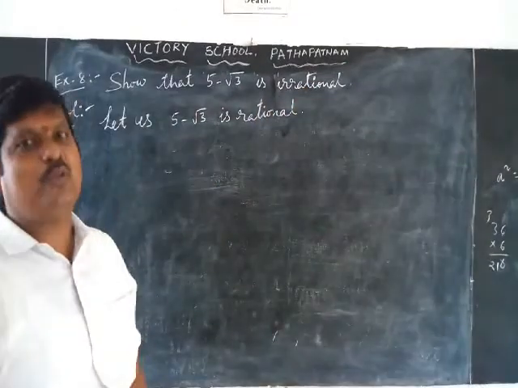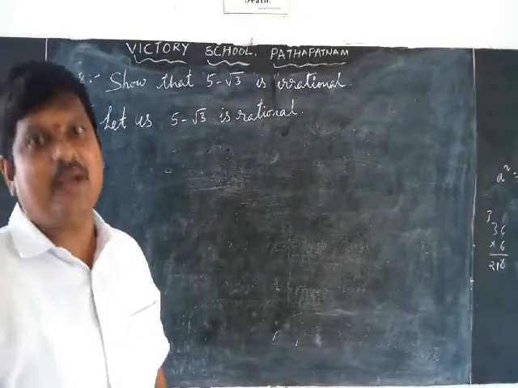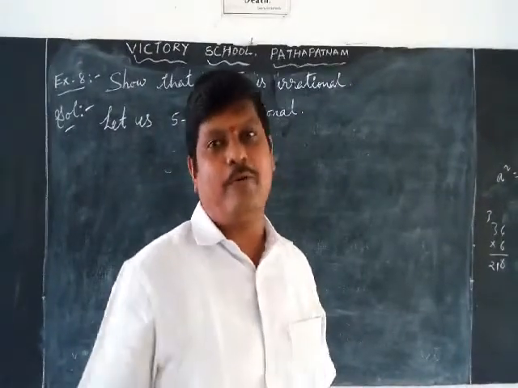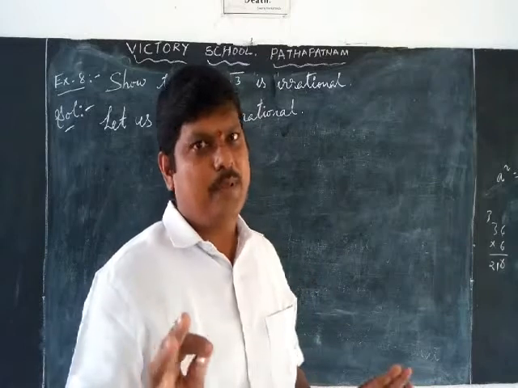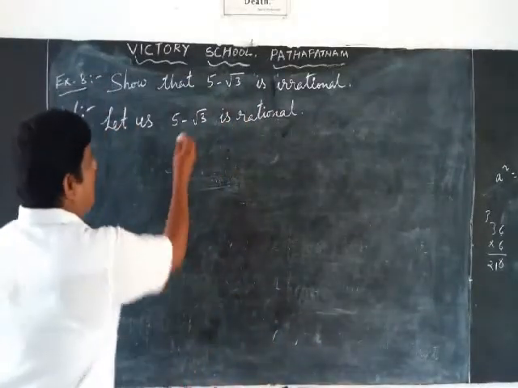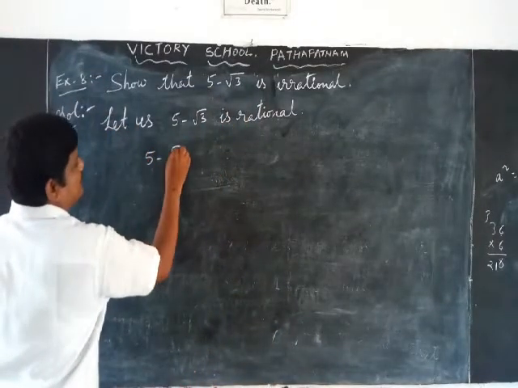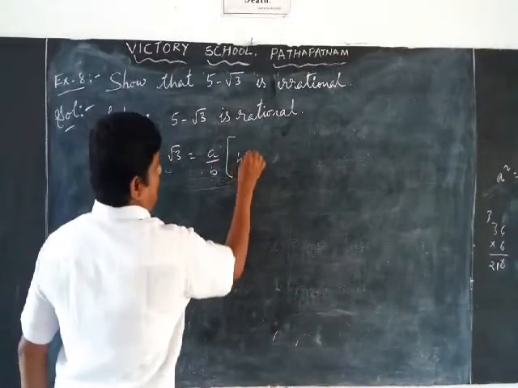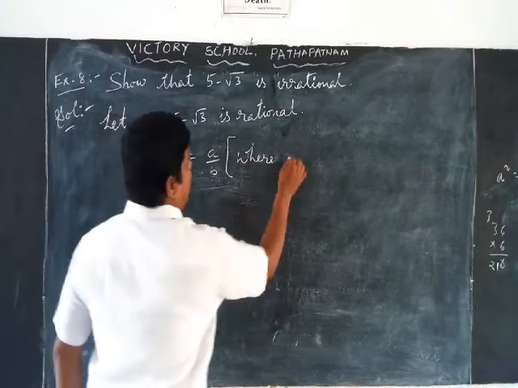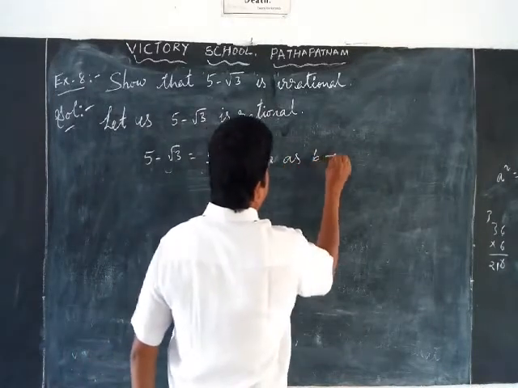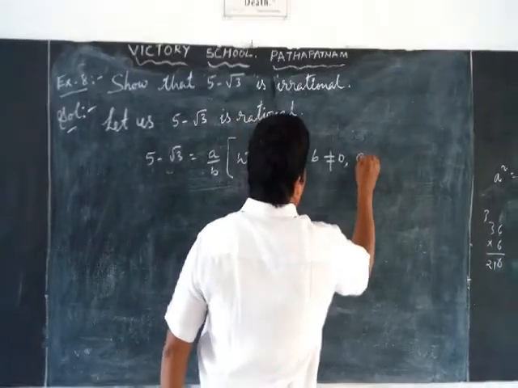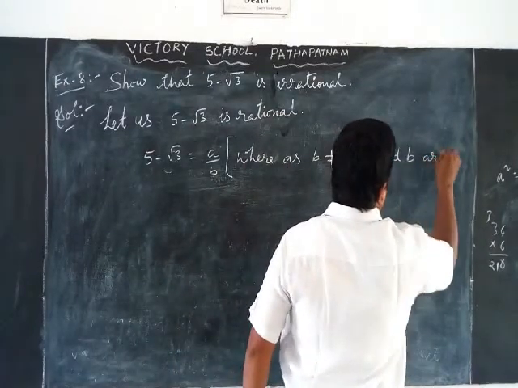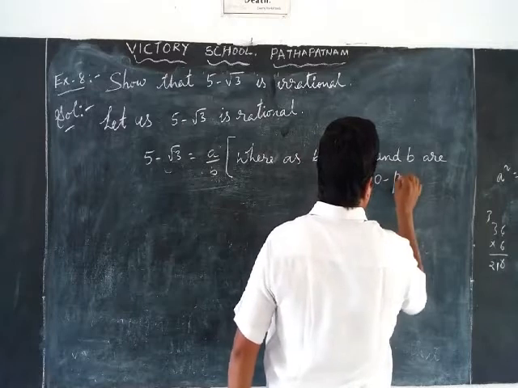What is the definition of the rational number? A by b, or p by q, or x by y, in the form of p by q. If any number is like this, and we have to take here 5 minus root 3 as a by b, where b is not equal to 0, and a and b are co-primes.